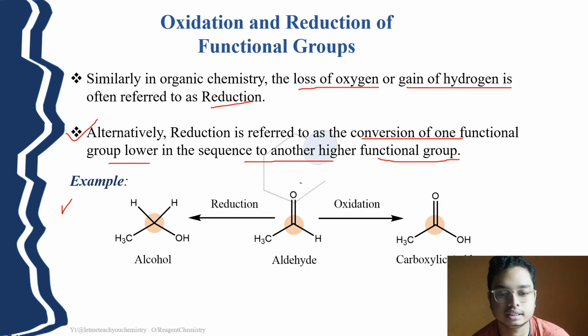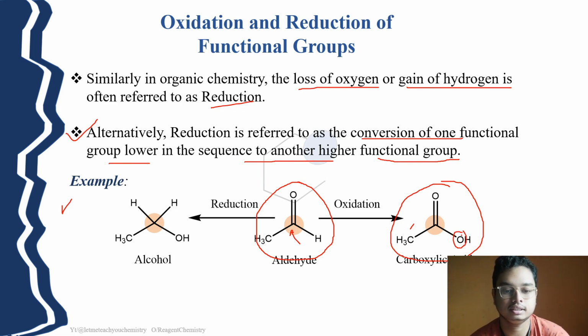Now here you can see this is our aldehyde. Okay. Now if we go this pathway, it will generate an acid. That means this particular carbon is getting one oxygen. That means this aldehyde moiety will gain one oxygen, so it will be an oxidation.